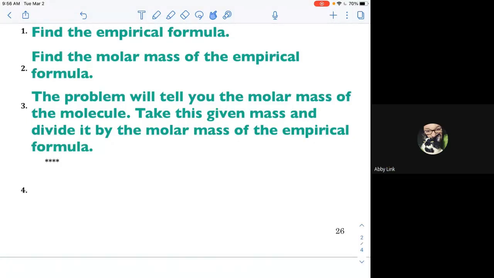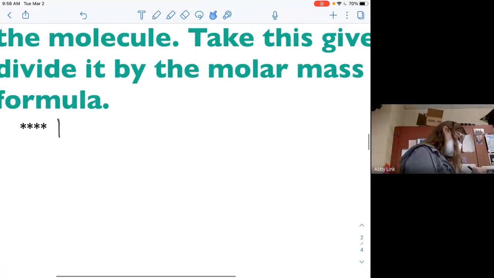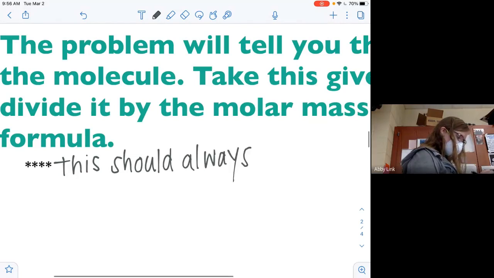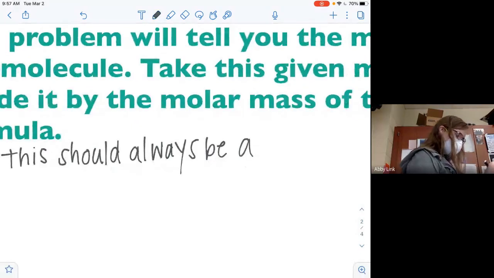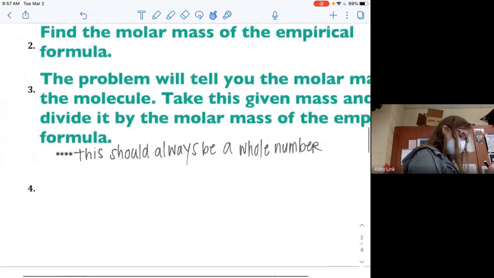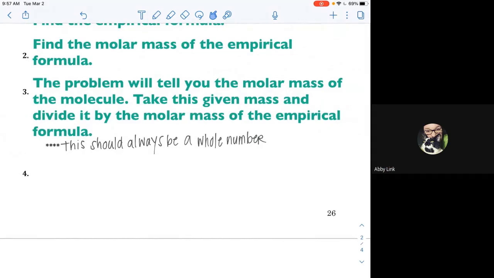With this asterisk here, I want you to fill this in. This should always be a whole number. All right, so what that tells me is if I do this division of masses and I don't have a whole number, perhaps I calculated the molar mass of the empirical formula wrong.